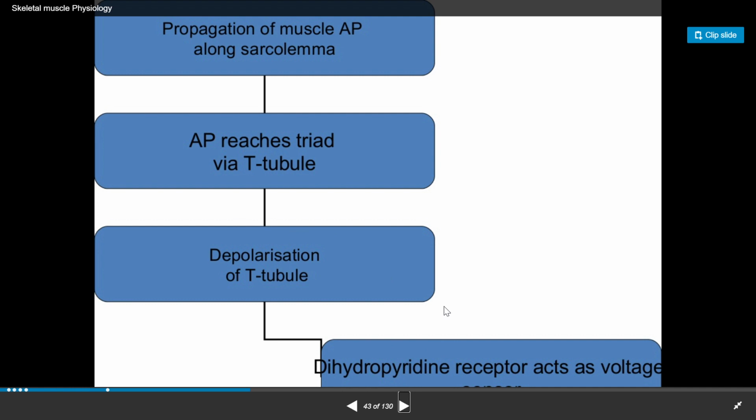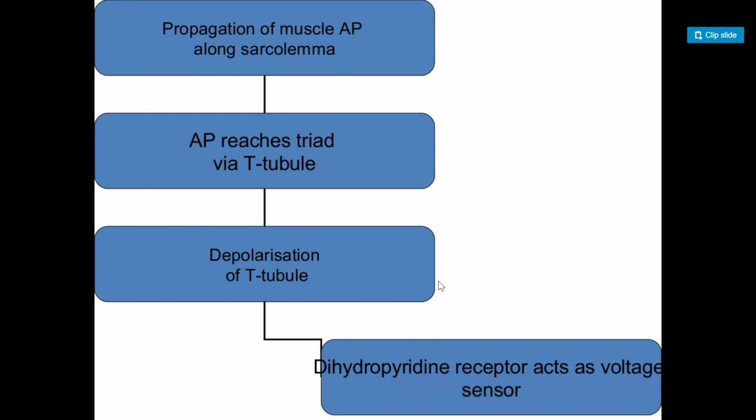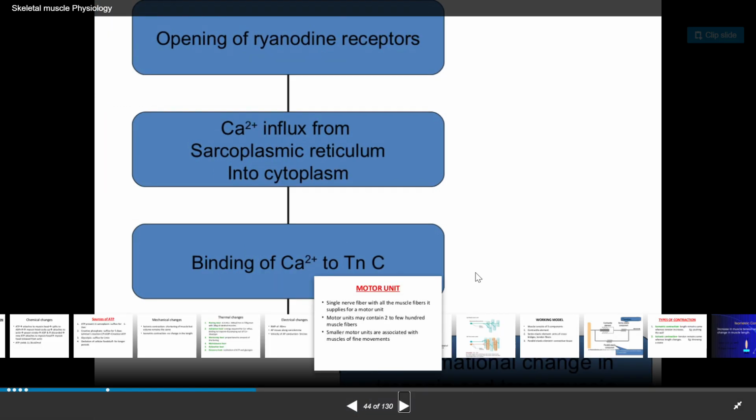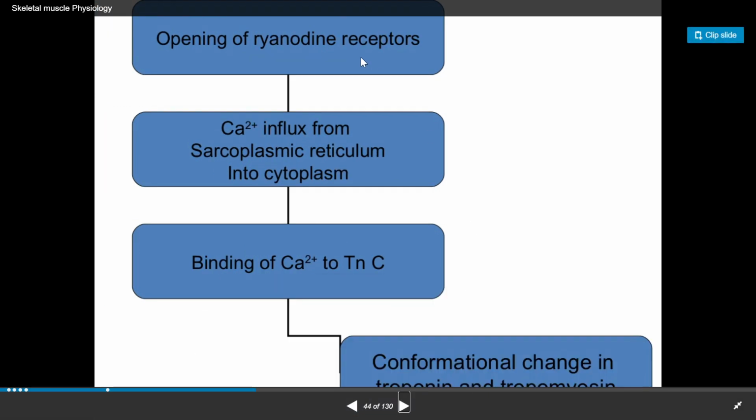The dihydropyridine receptors, that is why they are called DHP receptors, act as a voltage sensor actually, and that will cause the opening of ryanodine receptors, the ligand-gated calcium channels, and calcium is going to flow from the sarcoplasmic reticulum into the sarcoplasm or cytoplasm. The calcium which is released binds to troponin C. So there will be a conformational change in the troponin, and that will move the tropomyosin away from the myosin binding site on the actin.